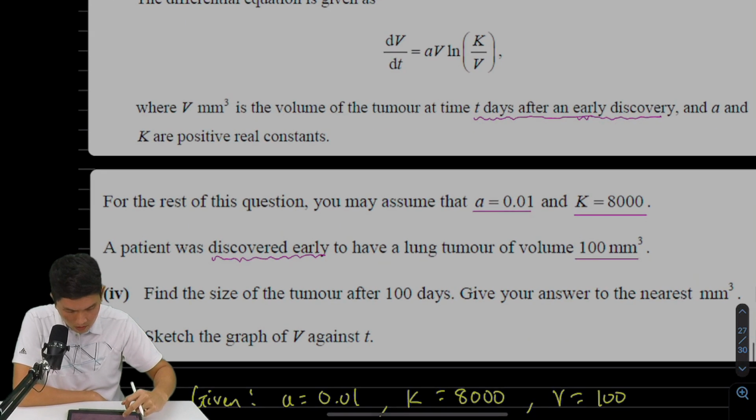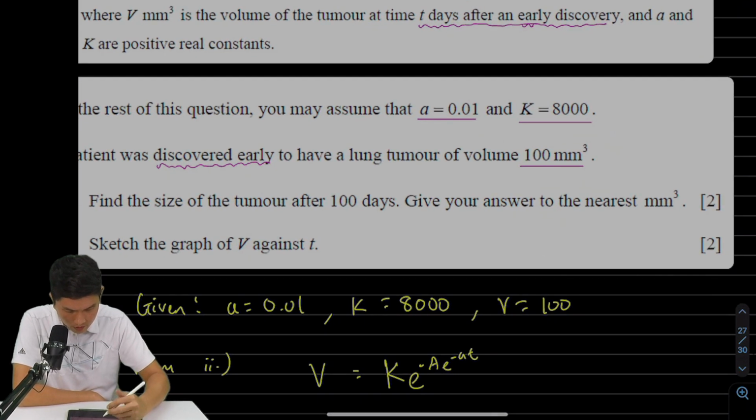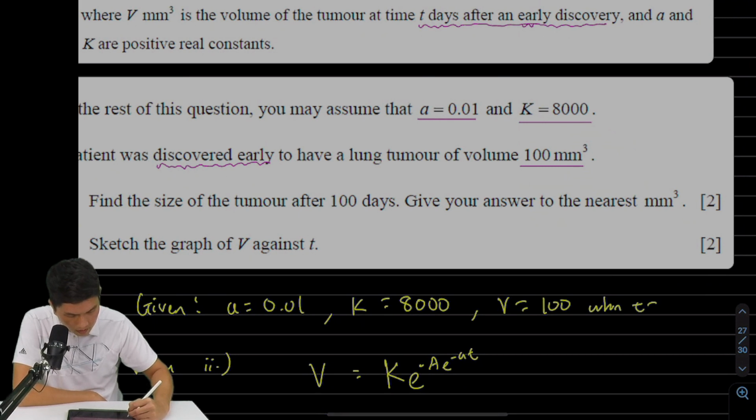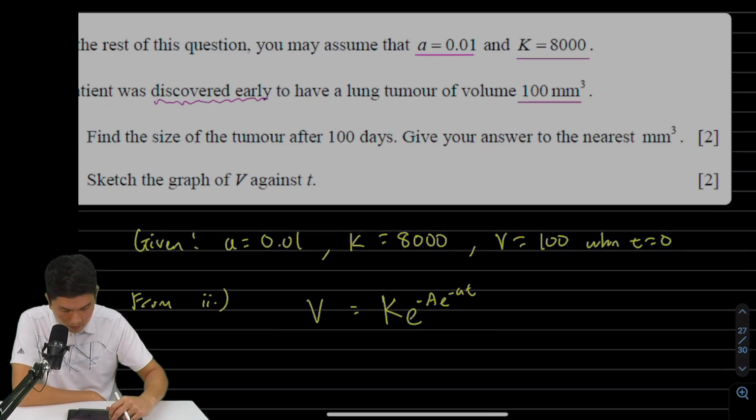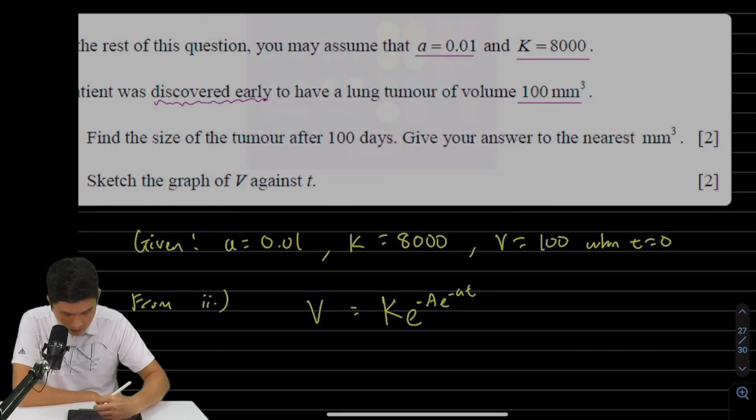So I know that v equals 100 when t is equal to 0. I can substitute all these things in, because then I only have one unknown. This is 100, this is 8,000, this is 0.01, this is 0.